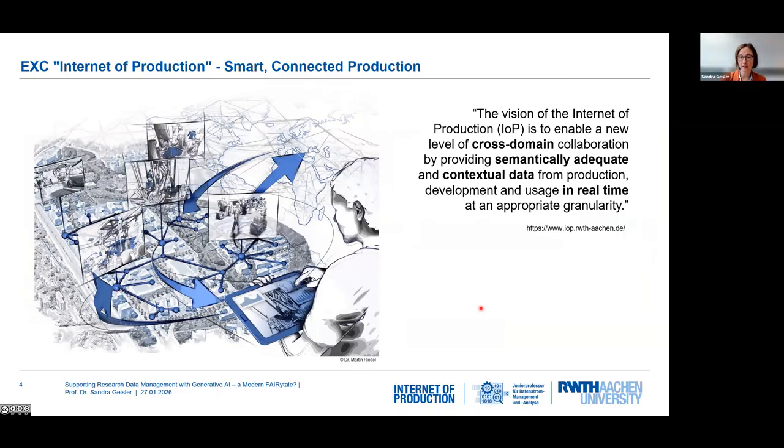This is an excellence cluster here at the University of Aachen, where we try to bring data from various disciplines and various stakeholders together, to provide data in near real time for different intelligence tasks in the production and the manufacturing domain.